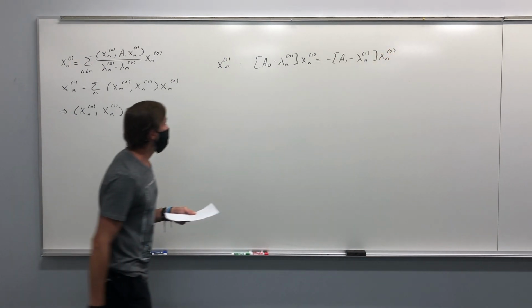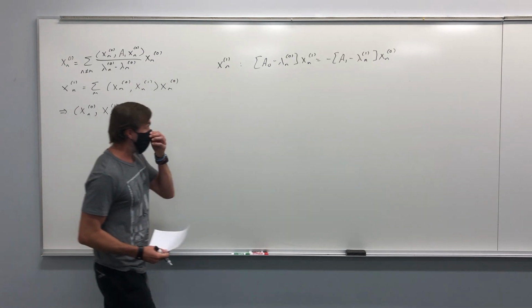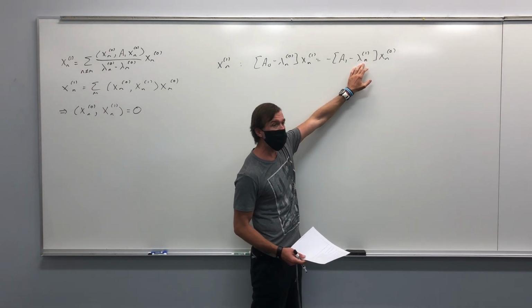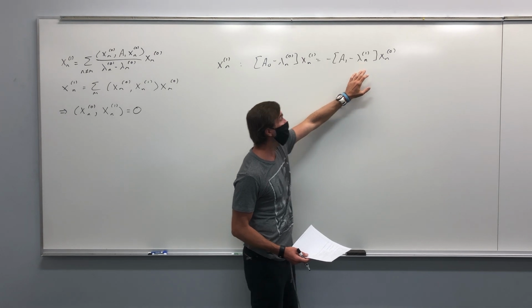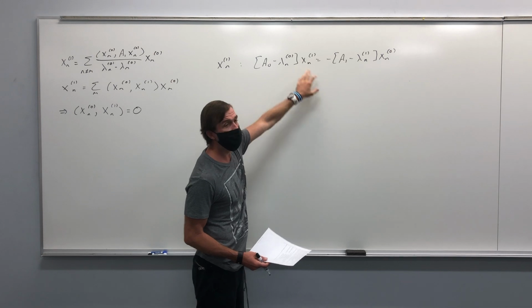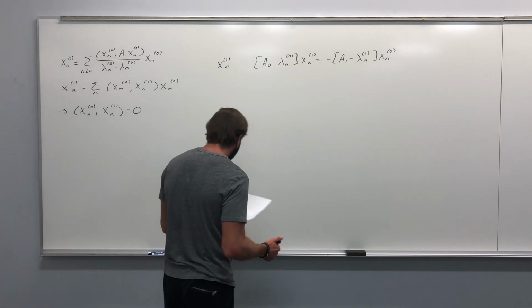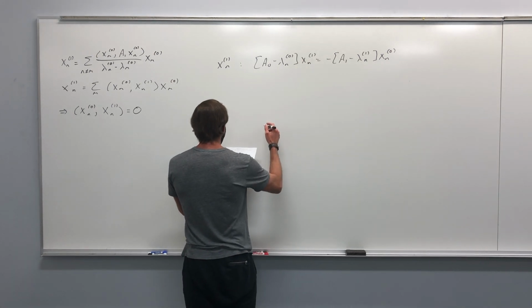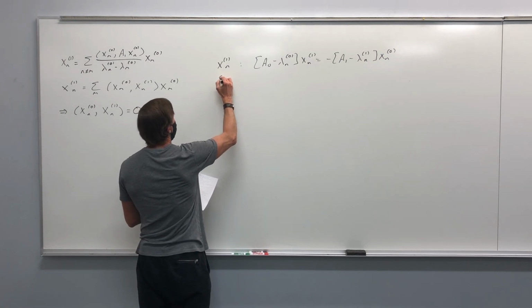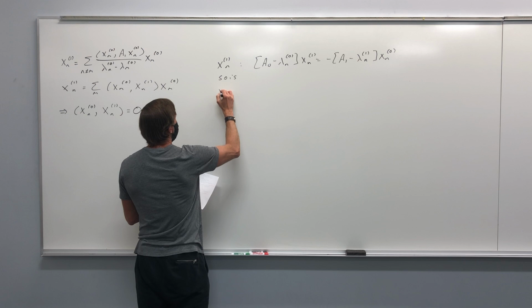Okay? So this is supposing we've already found the first order correction to the eigenvalue associated with the nth eigenvector, and now we just solve this to find the first order correction to the nth eigenvector. Okay, now what's interesting, this is a solution, but so is this.